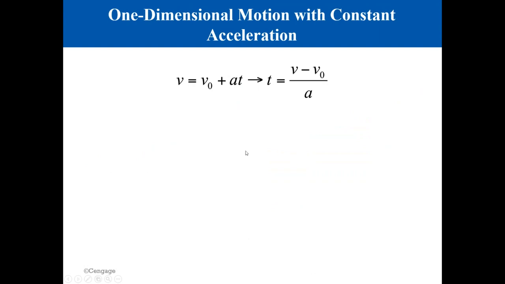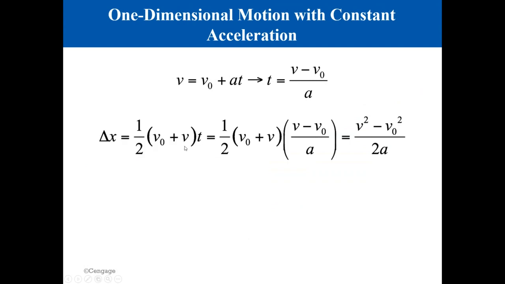Very well. Now back to the first kinematic equation, and now we will solve for t. t is (v minus v naught) over a. So here we substitute for t this value, (v minus v naught) over a.